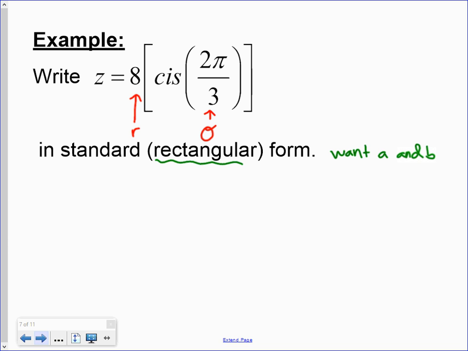It's always good to practice our unit circle knowledge. And then make sure that you simplify that.